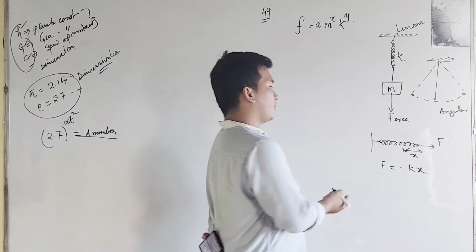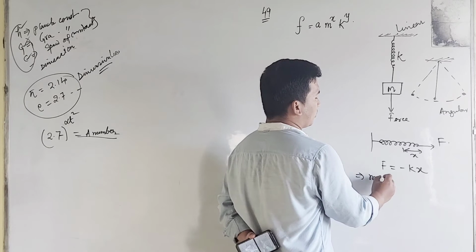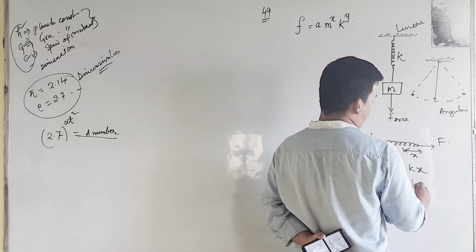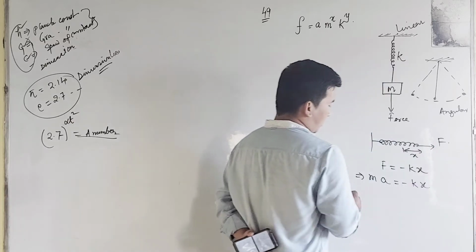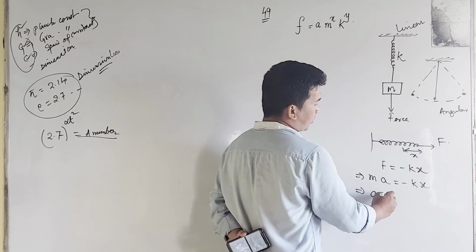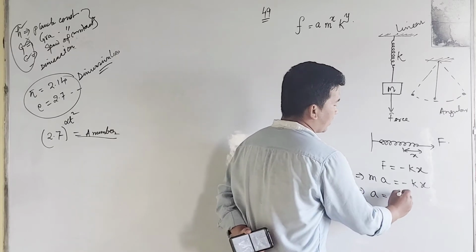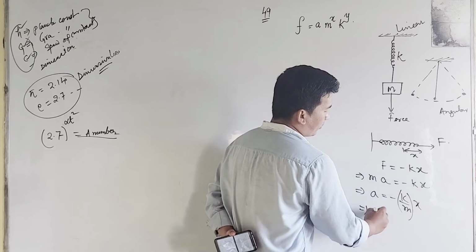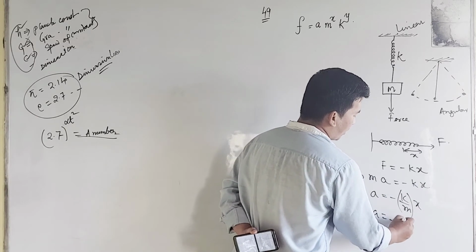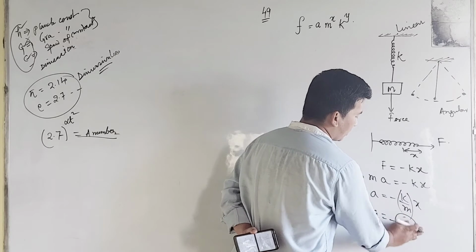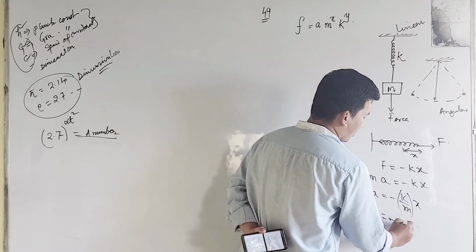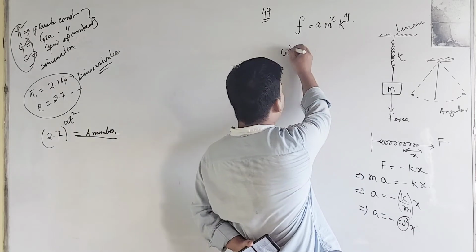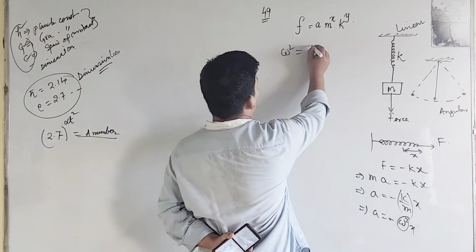Force will be equal to mass into acceleration, so m a is equal to minus k x. Here we can put a is equal to minus k divided by m times x. This a will be equal to minus omega square x. Here omega square is equal to k by m.